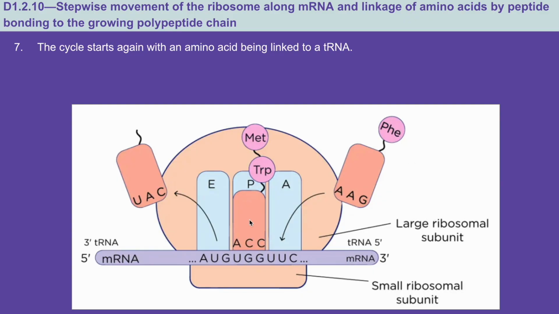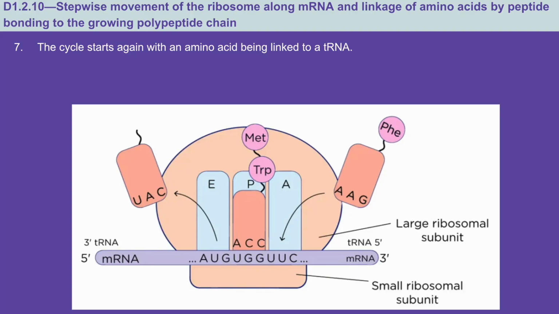This now uncharged tRNA goes to the exit site and exits, and it continues until a stop codon is reached. Now, it's hard to describe what's happening with a still picture. I highly recommend that you watch a couple of videos on YouTube that show transcription and translation in an animated form where you can see all of the tRNAs moving around. You can see the polypeptide being built.